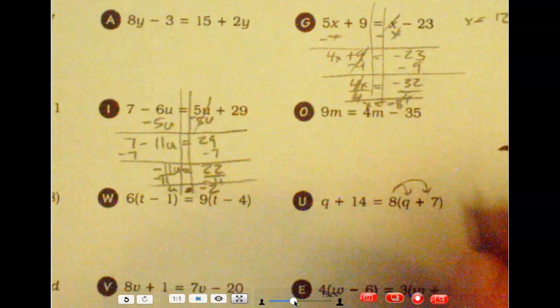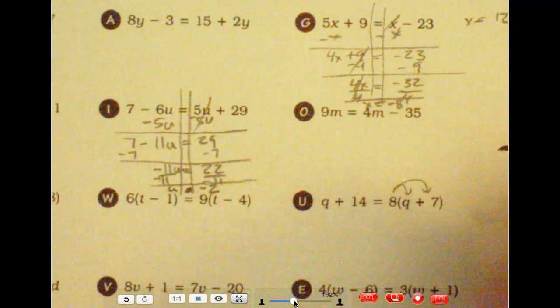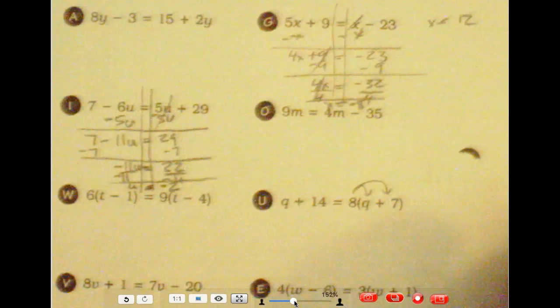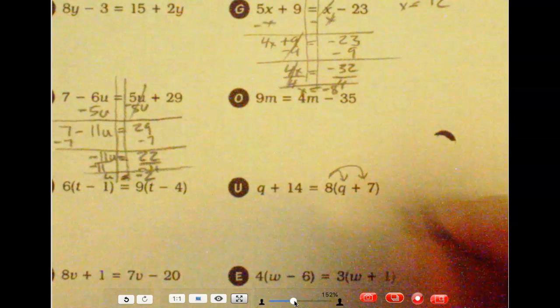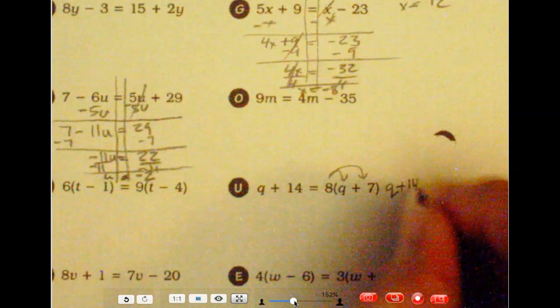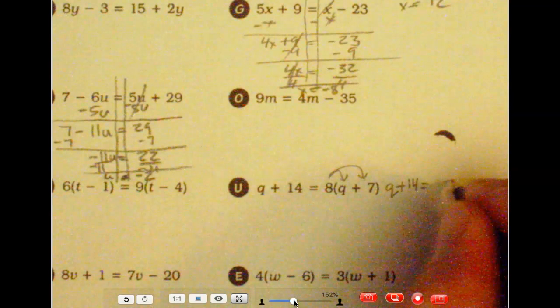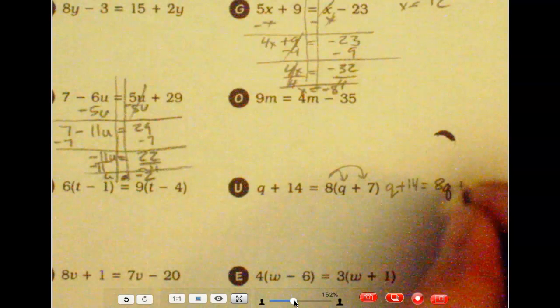Okay, so I'm going to distribute this out, and we'll do it up here so I have a little more room. So we'll have Q plus 14 equals, this is going to be 8Q plus 56.